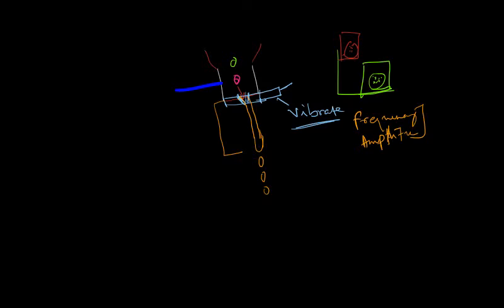If we vibrate the nozzle precisely, maintaining the frequency and the amplitude, then we can control where the stream breaks.